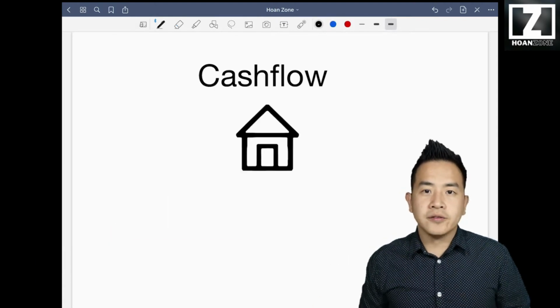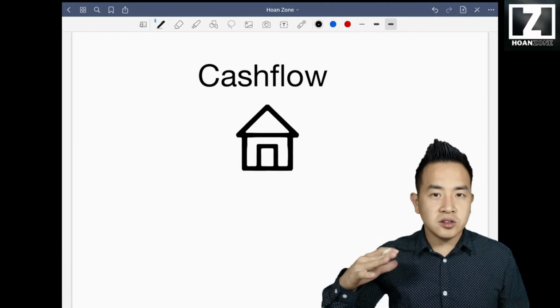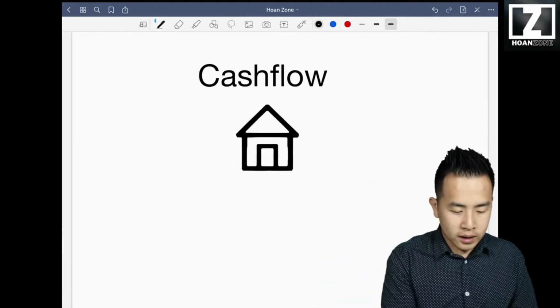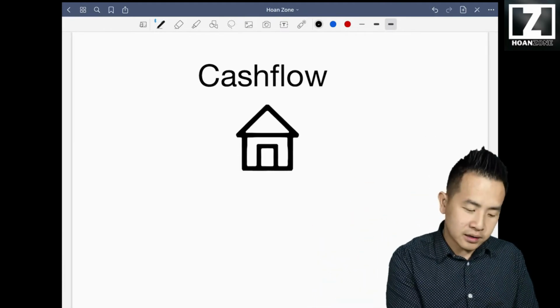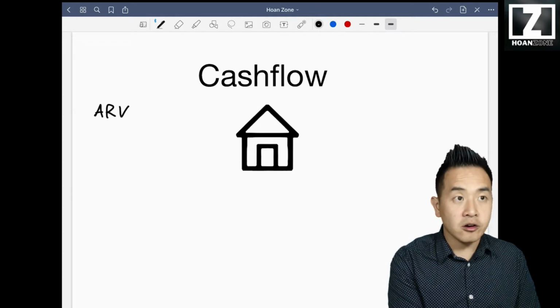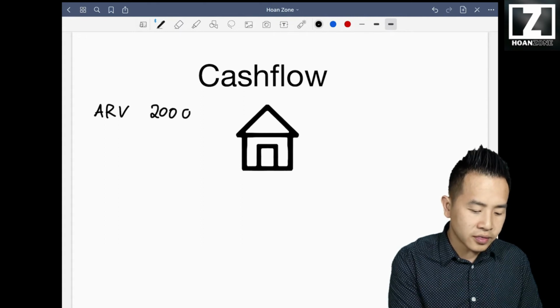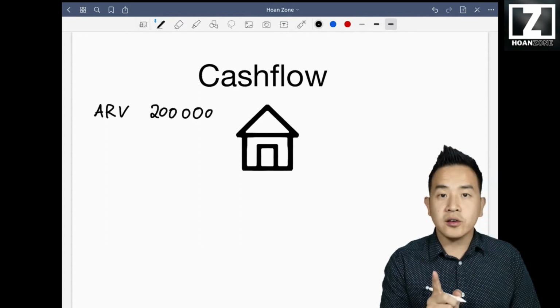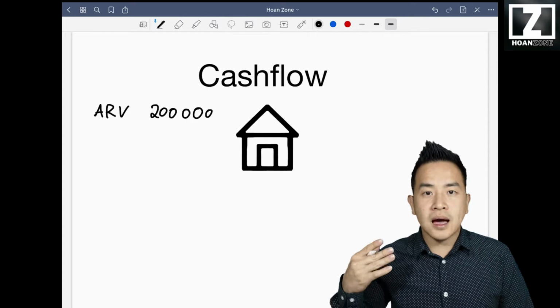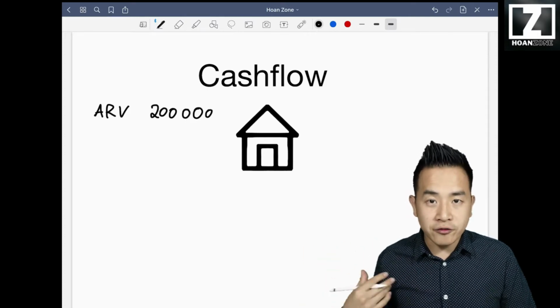If you've ever been a part of any of my trainings, you know I like to start with the end first. When it comes to a building, I look at what the ARV is. In this case, let's say the ARV, which stands for after repair value, is $200,000. I'll start there because what I want to do is figure out what I'm going to be refinancing for.